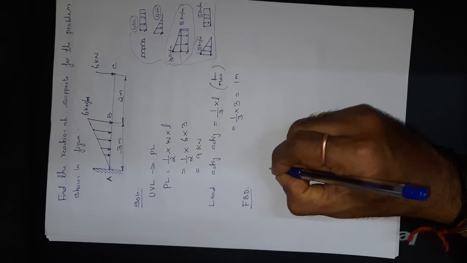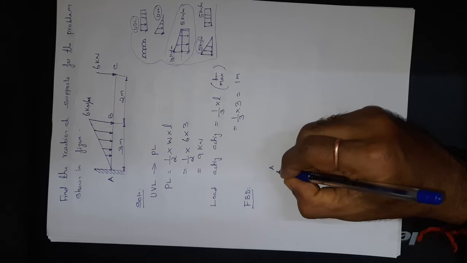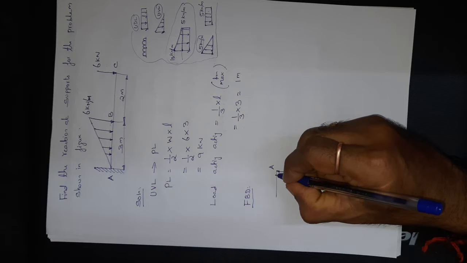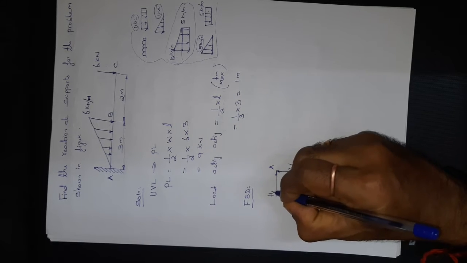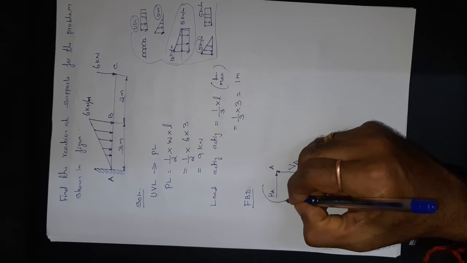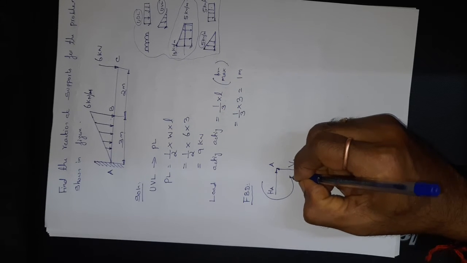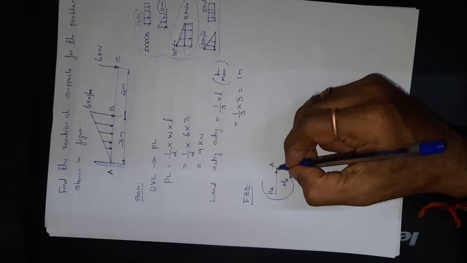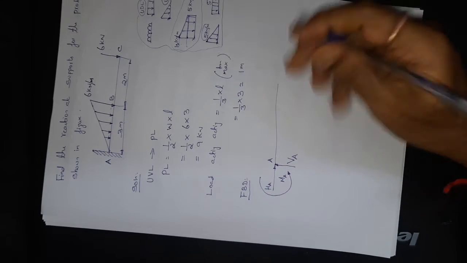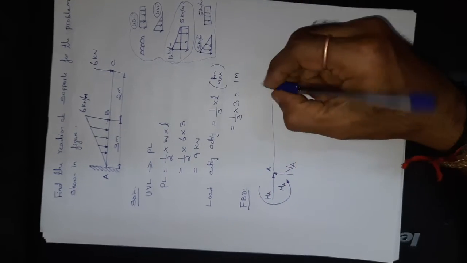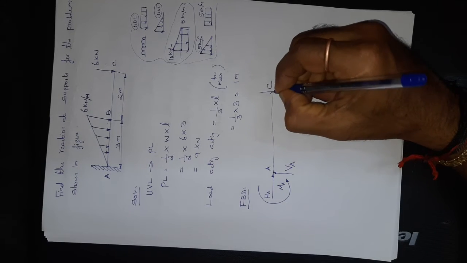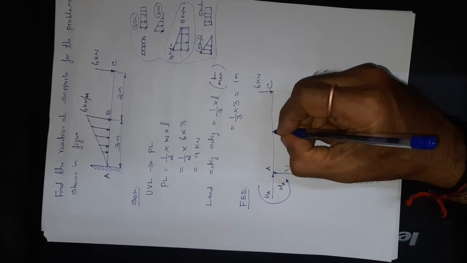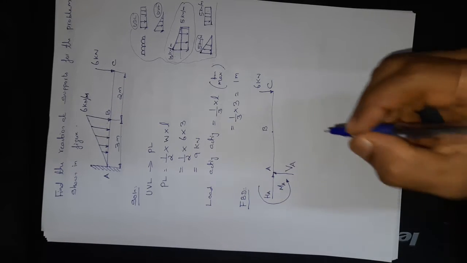So let me take this as A, and this will have the vertical reaction and horizontal reaction and moment in anticlockwise direction, MA. Right. Let me extend this beam up to C, where a point load of magnitude 6 kilonewton is acting, and between here it is P.